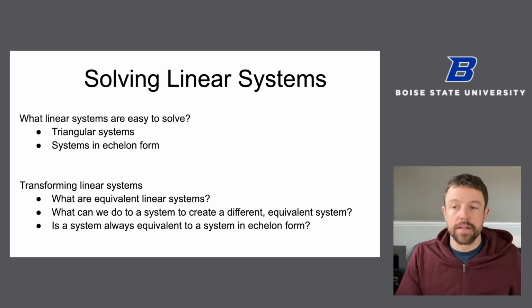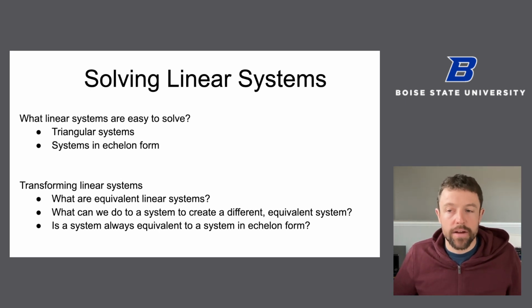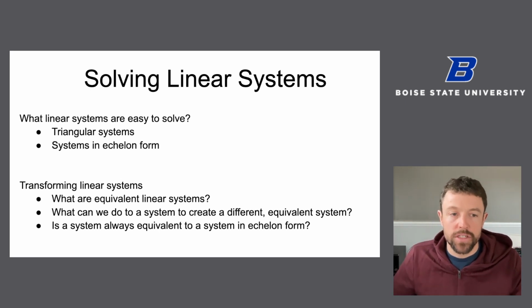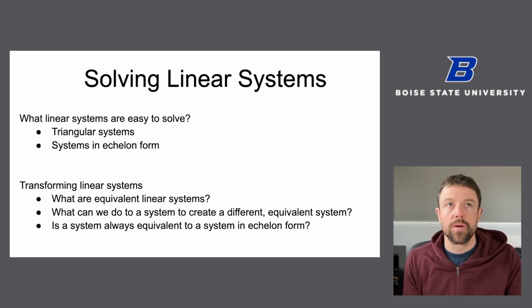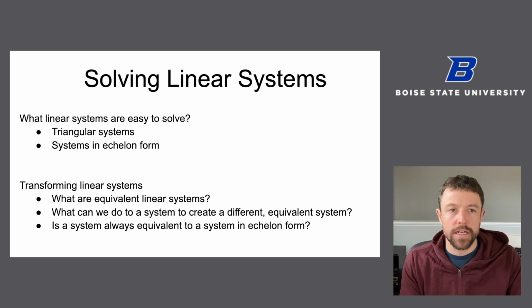What I haven't done is talked about how we actually guarantee that our sequence of operations will take us to a system in echelon form. And again, for now, what I recommend is just do your best. We'll be working with smaller looking systems where you can hopefully see the path ahead of you and say, okay, yeah, if I do this sequence here, this will get me to echelon form. In a later video, I'll look at an algorithm so that we never have to wonder, so that we always know that what we're doing will lead us to a system in echelon form.